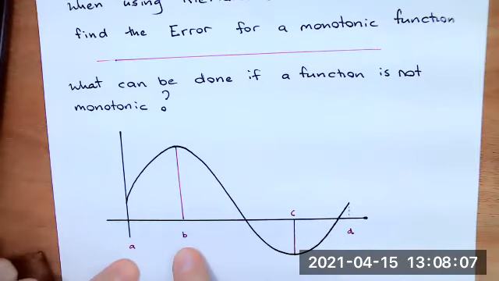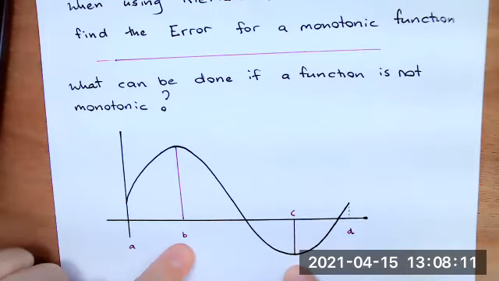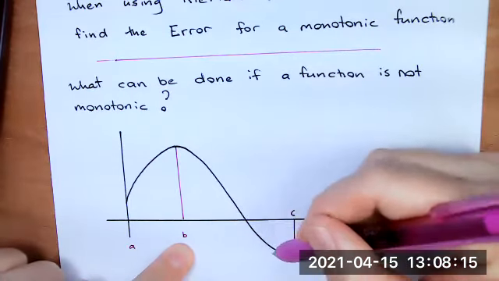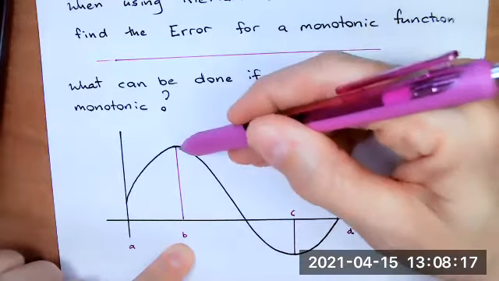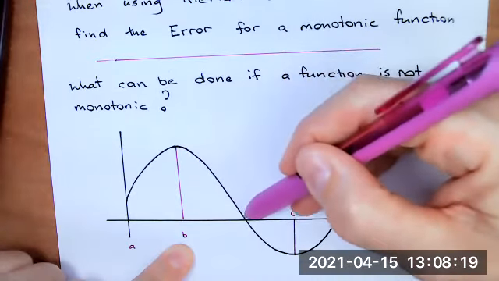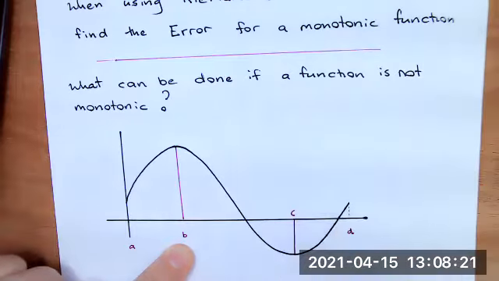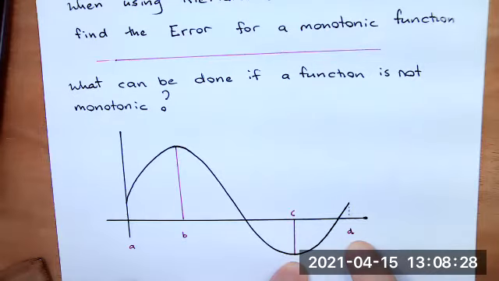You could find the Riemann sum from A to B, and then find the Riemann sum from B to C. And I know you're thinking, wait, this is negative, but it's still monotonic. This is only decreasing. So find this Riemann sum, and then find this Riemann sum.